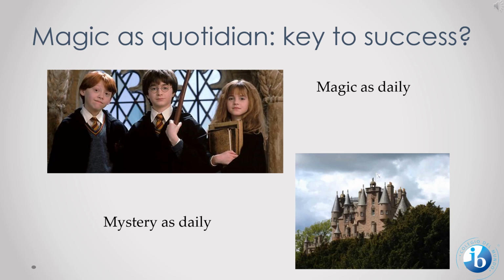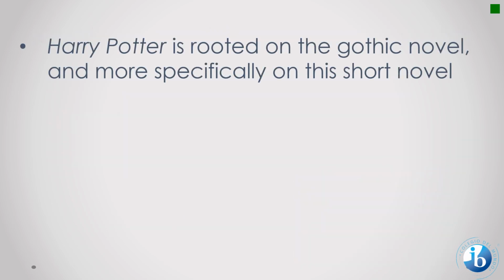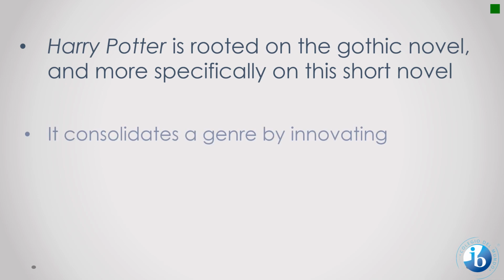her success to Oliphant. So my conclusions are that Harry Potter is rooted on the Gothic novel because of the settings and the plot, and more specifically on the short novel by Oliphant because the Chamber of Secrets is really similar and also the basic plot, even though the characters are different. It consolidates a genre by innovating, so what I mean is that it takes some characteristics from the 19th century and it adapts them to characters that are based on 21st century people.